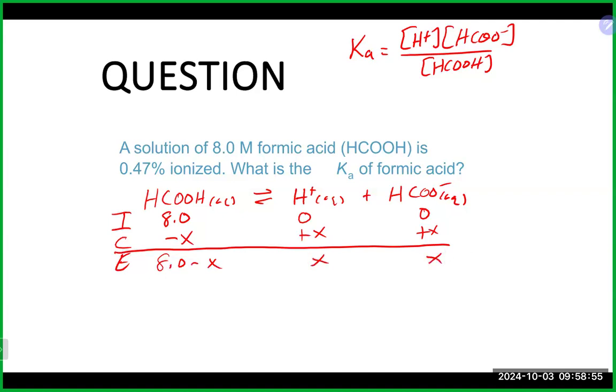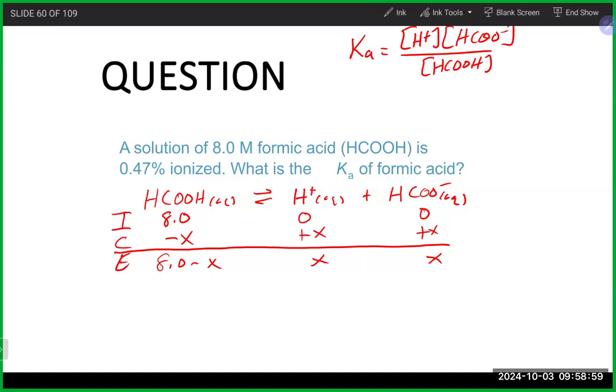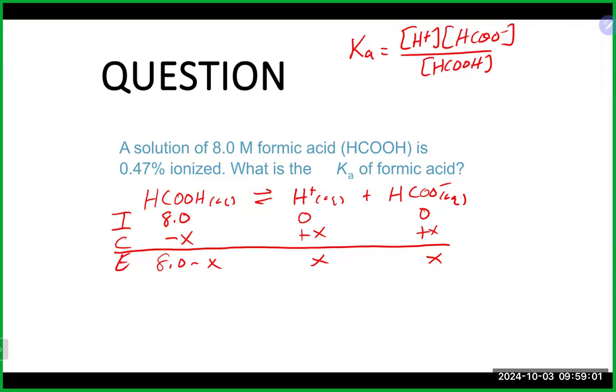Any questions on that so far? Normally, once we've done our ice table, we would take these values and put them into the Ka expression. The problem is, in this case, we don't know what that number is, and that's what we're trying to find. So we need a way to find the Ka without using the Ka to do so.